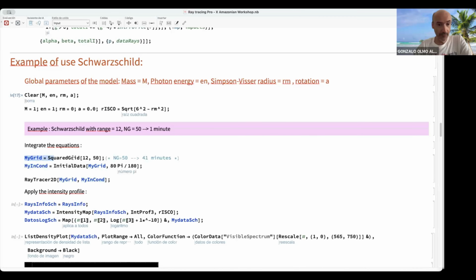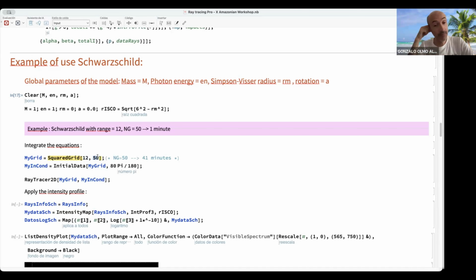I first compute the grid for a range of 12 units from alpha 12 to alpha minus 12, and the same for beta. So it's a range sufficiently big. It's like 24 units of impact parameters, 12 on each side. And I'm going to divide each axis in 50 elements.